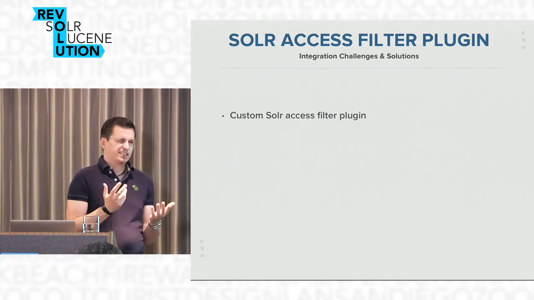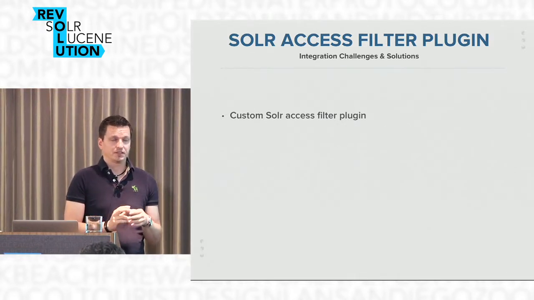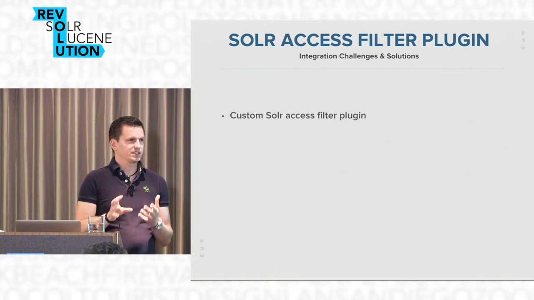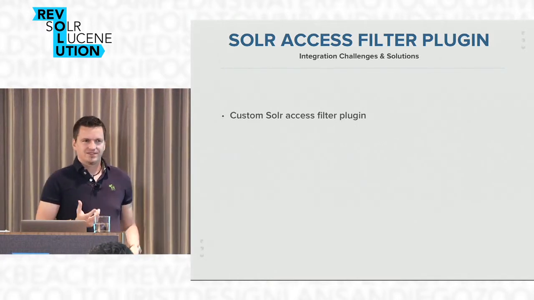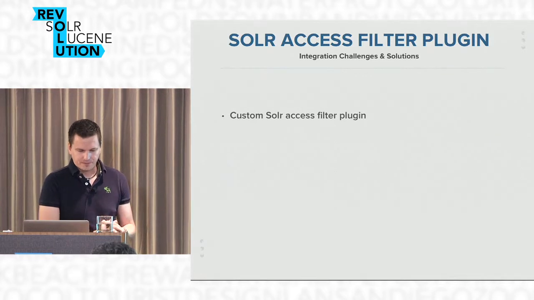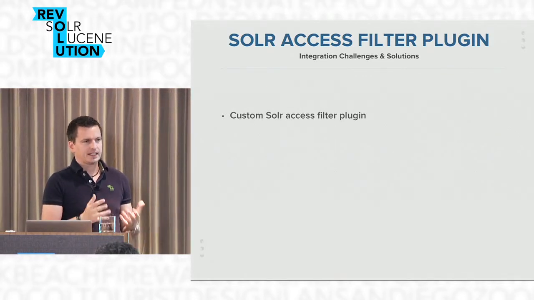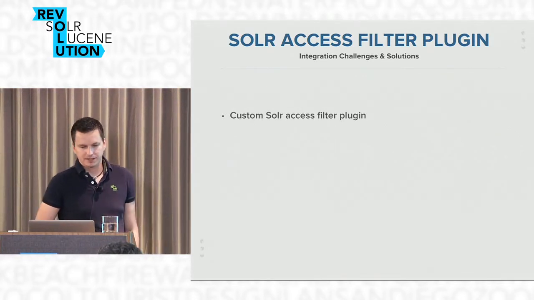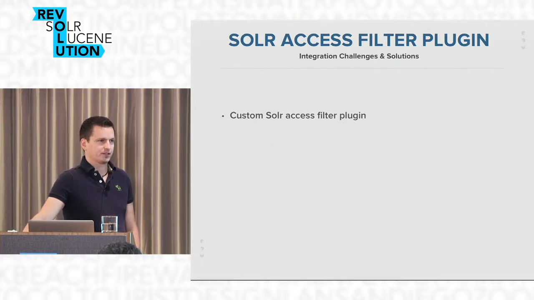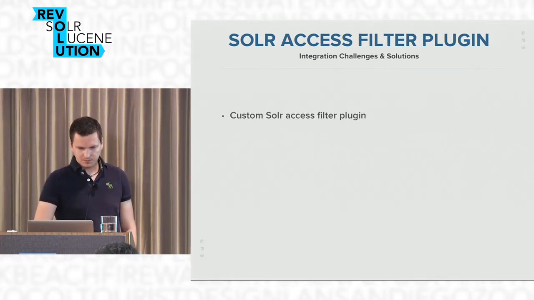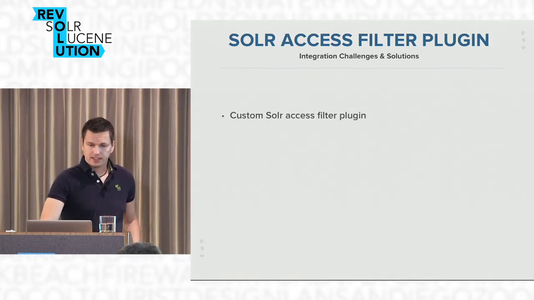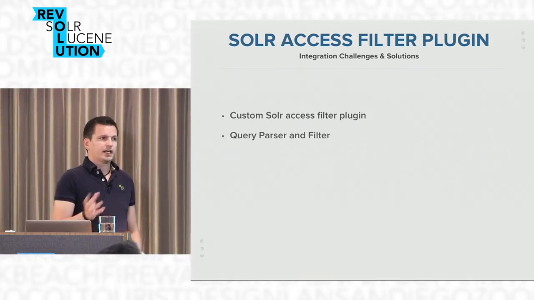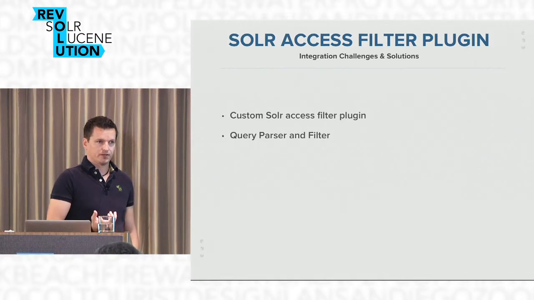We first had the idea of maybe doing a weird combination of filter queries, but that turned out to be very difficult. And at the end, we were like, okay, the only way to do that is really to create a plugin for Solr. And the way it works is we have a plugin that registers a query parser, and that can then be used in a regular filter.